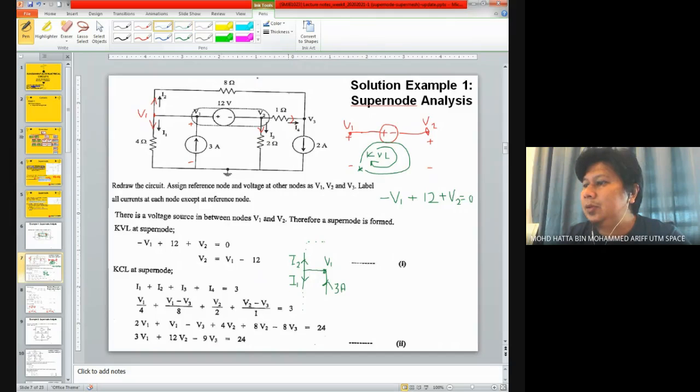And at the supernode, we have another node, which is V2.